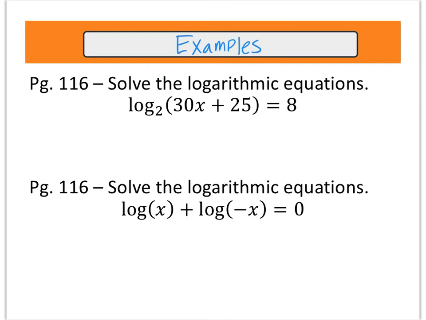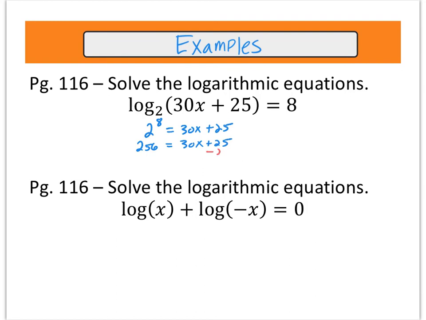So now they're going to get a little bit more complicated. I do recommend pausing the videos. We did these in class. But first step is really to convert to an exponent and then solve. So 2 to the power of 8 equals 30x plus 25. Use a calculator. 2 to the power of 8 is 256 equals 30x plus 25.